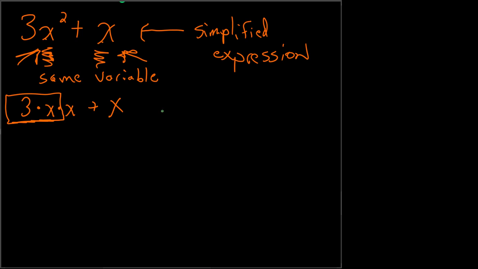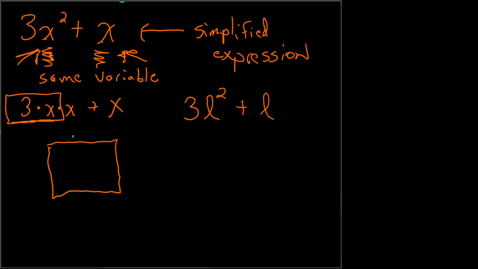Another way of looking at that is, let's say that I'm measuring lengths. Right, so I have something that has a length L times L, and let's say I'm measuring it in feet.